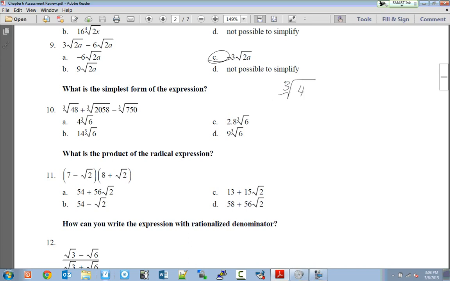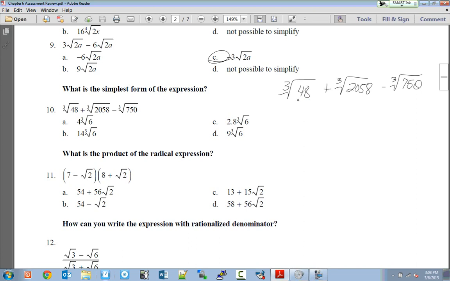At first glance, you might say this isn't solvable. You can't add these together because all the radicands are different. That's true, but let's try to get the radicand the same.